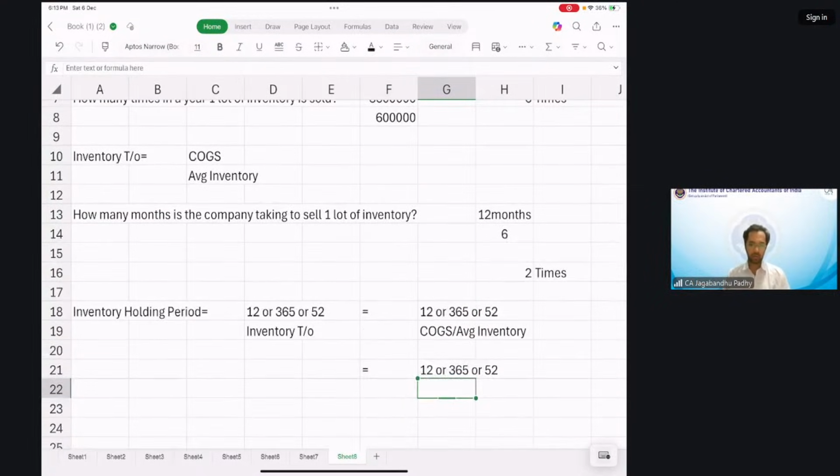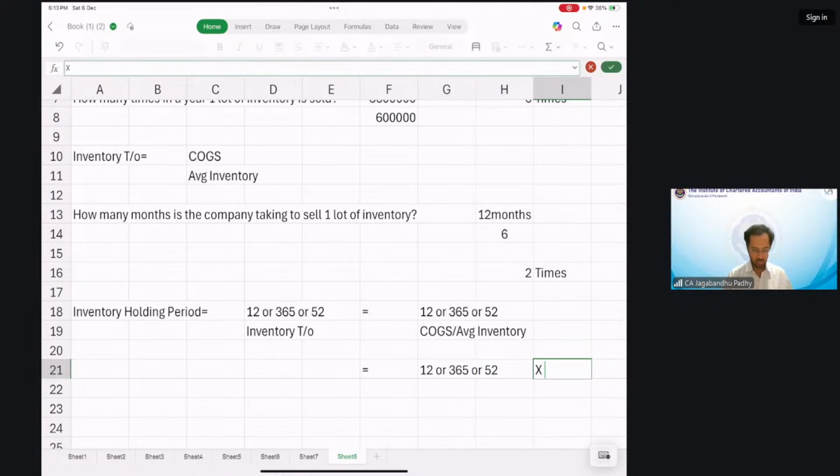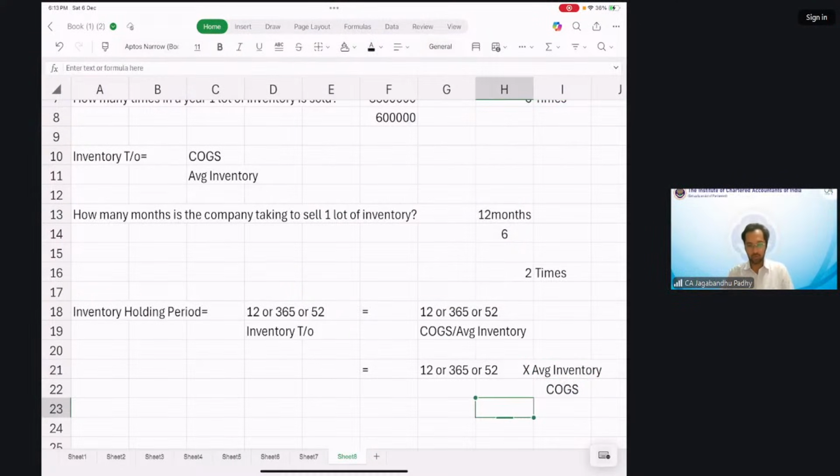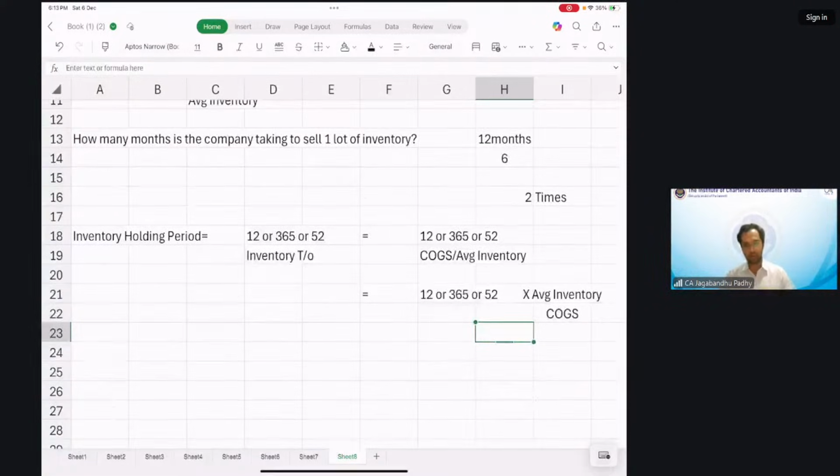We can actually make it in a way that since it is divided by COGS upon average inventory, we can say this is nothing but 12 or 365 or 52 multiplied by average inventory upon COGS.